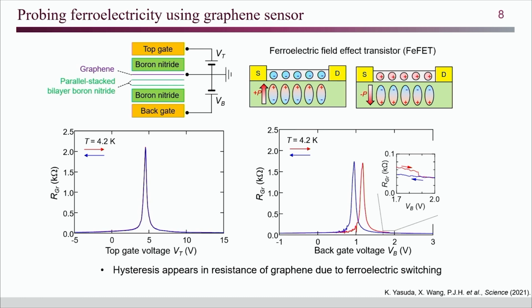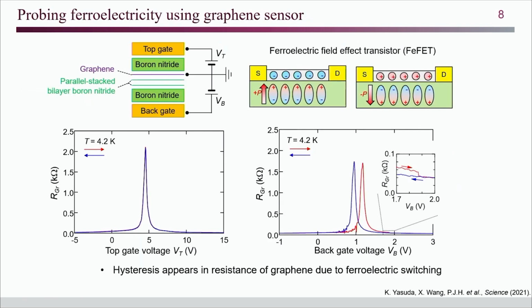In addition, at around 1.9 volts, there is a clear resistance jump in the graphene measurement. These two behaviors correspond to the ferroelectric switching in this parallel stacked BN. This red curve and blue curve, for example, correspond to the upward and downward polarization in the boron nitride, respectively.